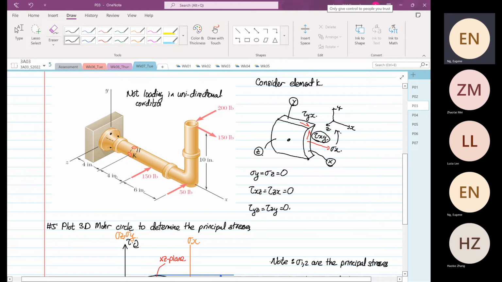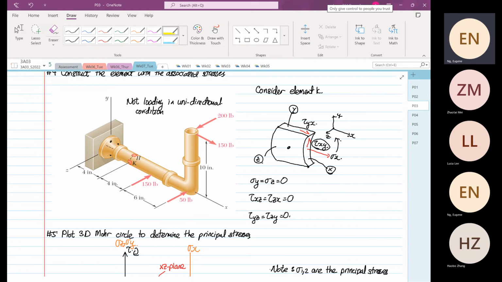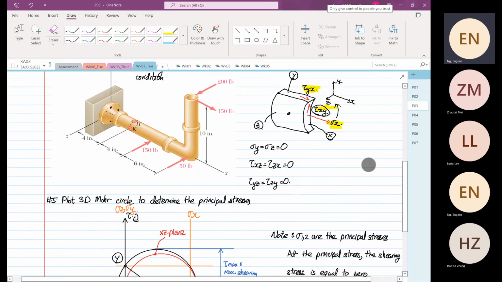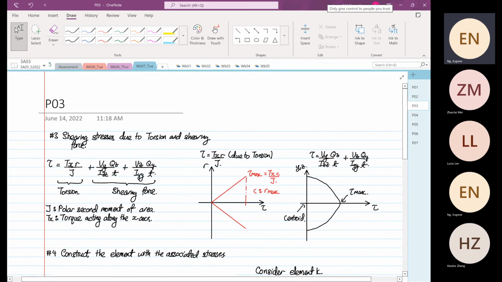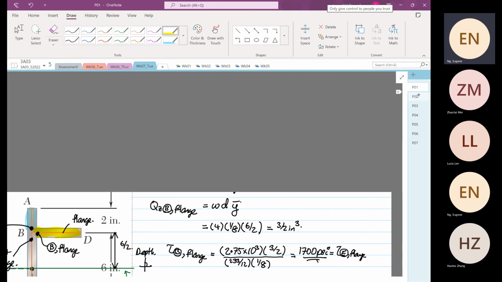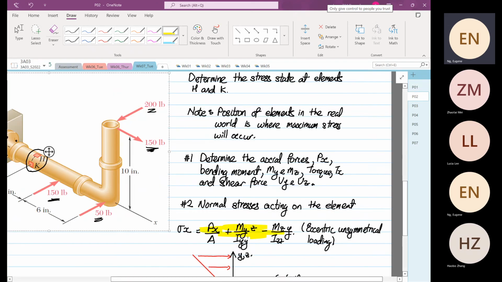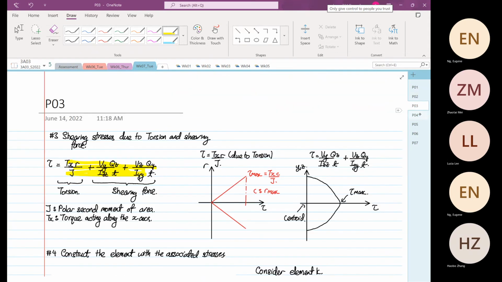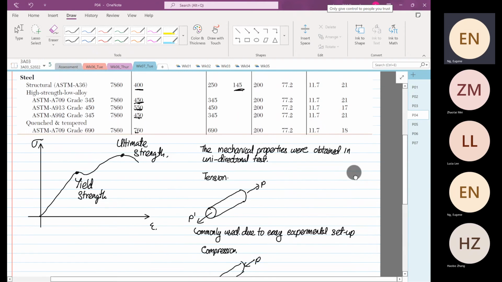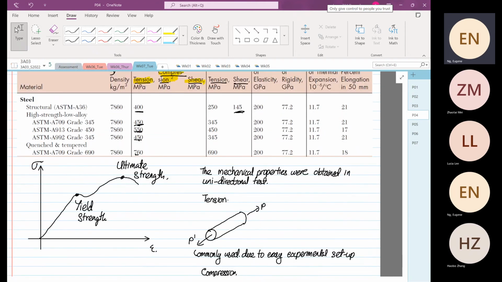It is not. You have shearing stress, like you see over here, and you have normal stress, due to a formula like this. They're not loaded the same as what is seen in your materials handbook, right?